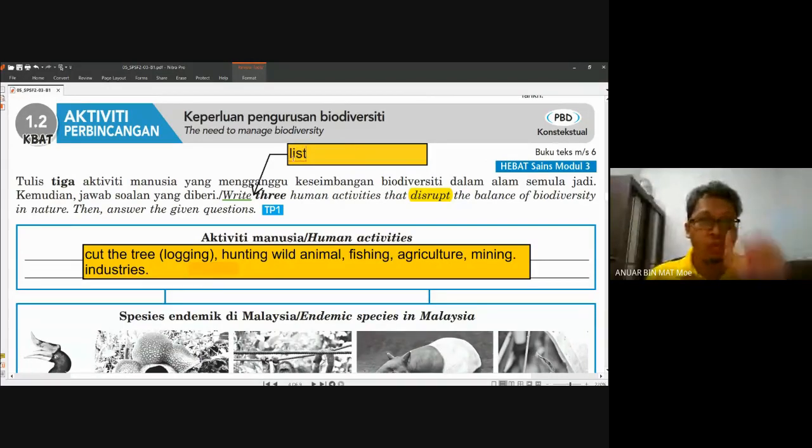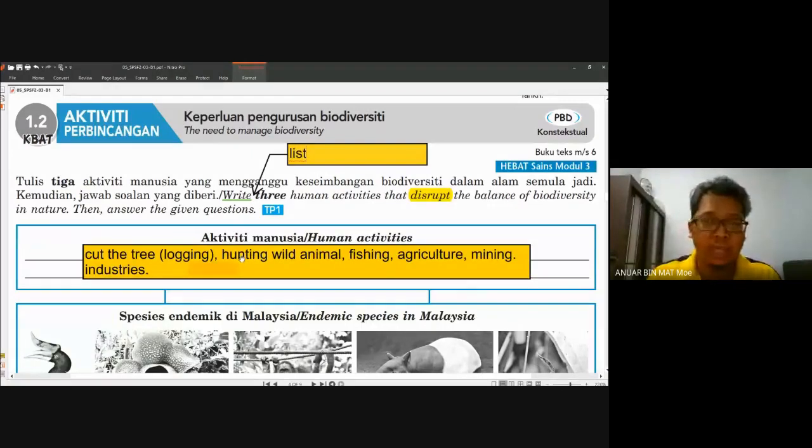For example, here is the possible question, and these are the possible answers. Logging, number 1. Hunting, number 2. Fishing, there are the 3 activities. No need to write a very long answer, because I will look at only the keywords of your answer.